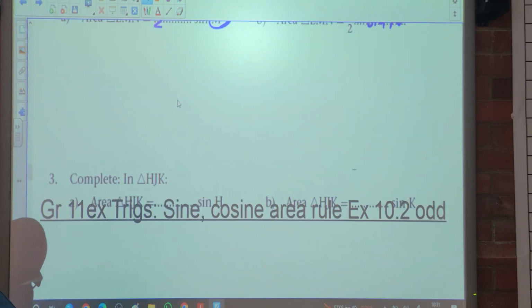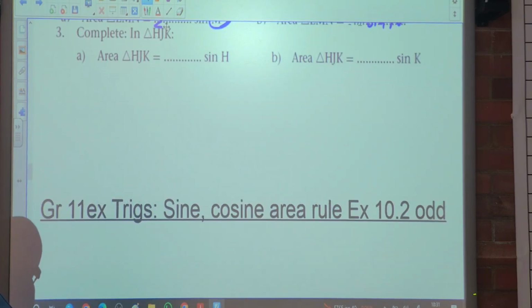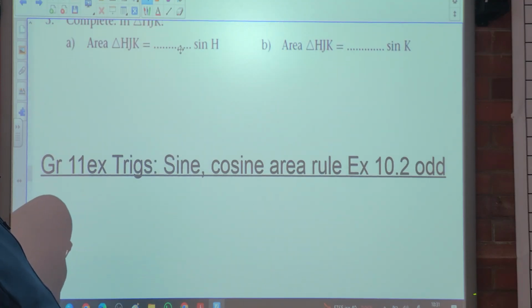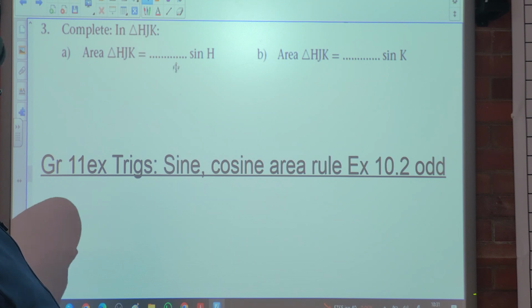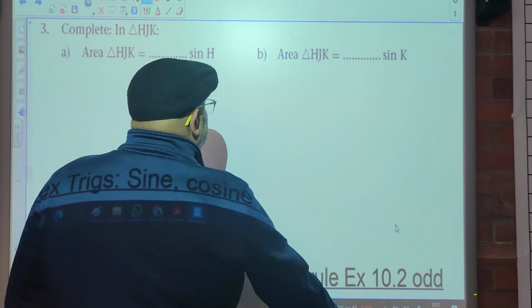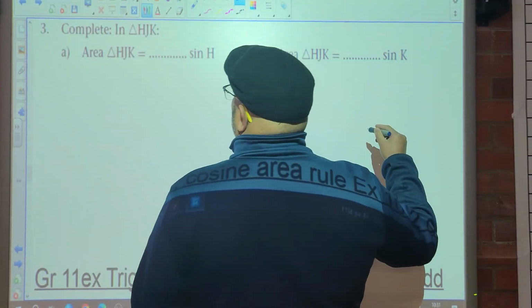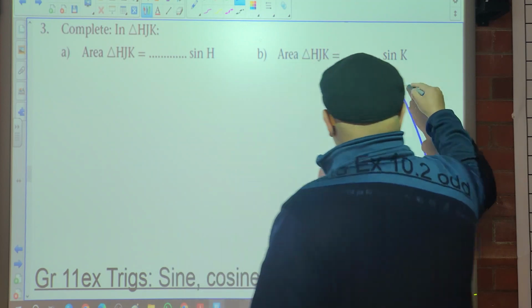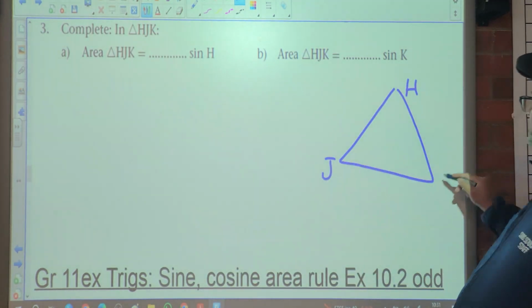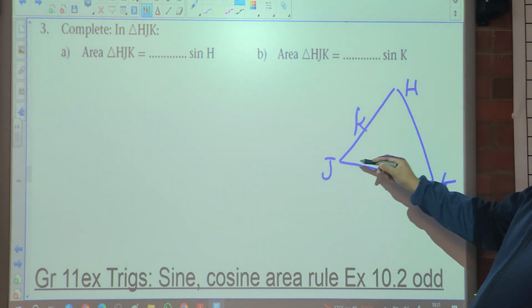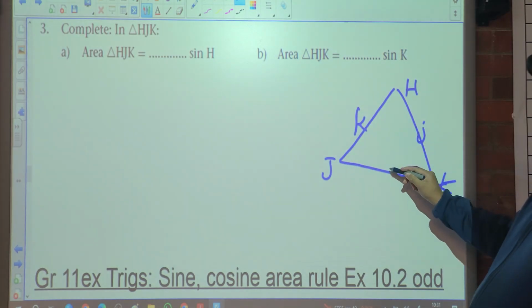Number 3. In number 3, they are asked to complete. So we have triangle HJK. So that is HJK, lowercase k, of course, lowercase j and lowercase h.